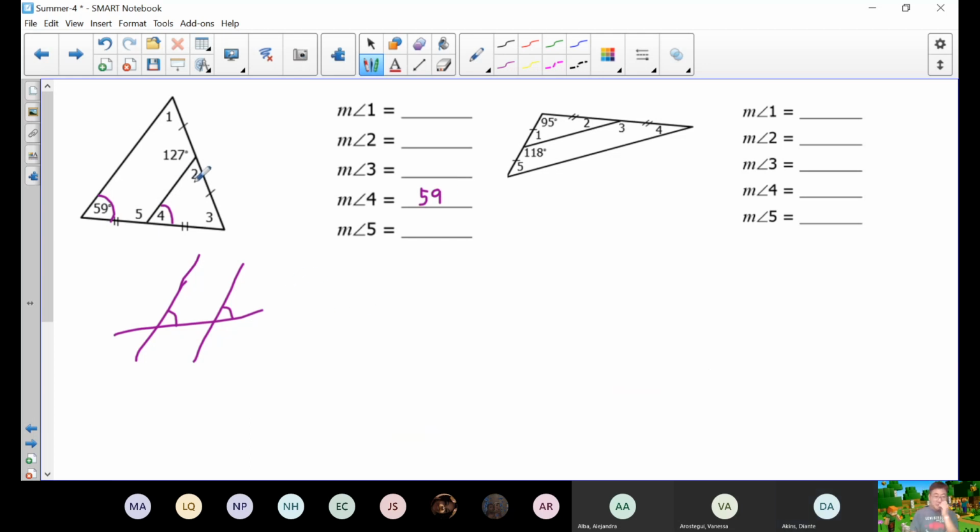So how about this case, angle 1 is equal to angle 2, right? Angle 1 is the same thing as angle 2. So angle 2, you can get it by, this is total 180, right? 180 minus 127 equals 53. So angle 2 is 53. Then, of course, angle 1 is also 53.